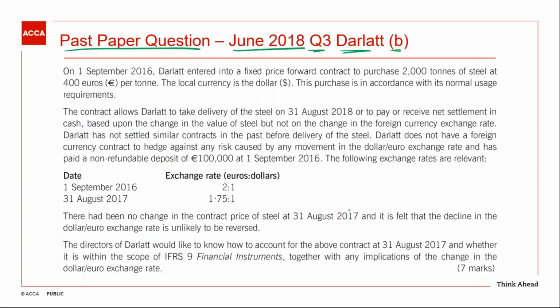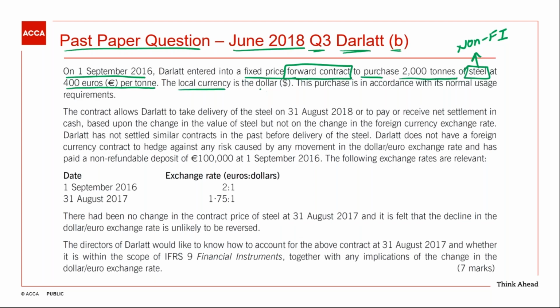Okay, so back to the question. The question says that on 1st September 2016, Darlet entered into a fixed price forward contract to purchase 2,000 tons of steel at 400 euros per ton. Steel is a non-financial instrument. So we have signed a forward contract of a non-financial instrument. So up till now, it's not a derivative.